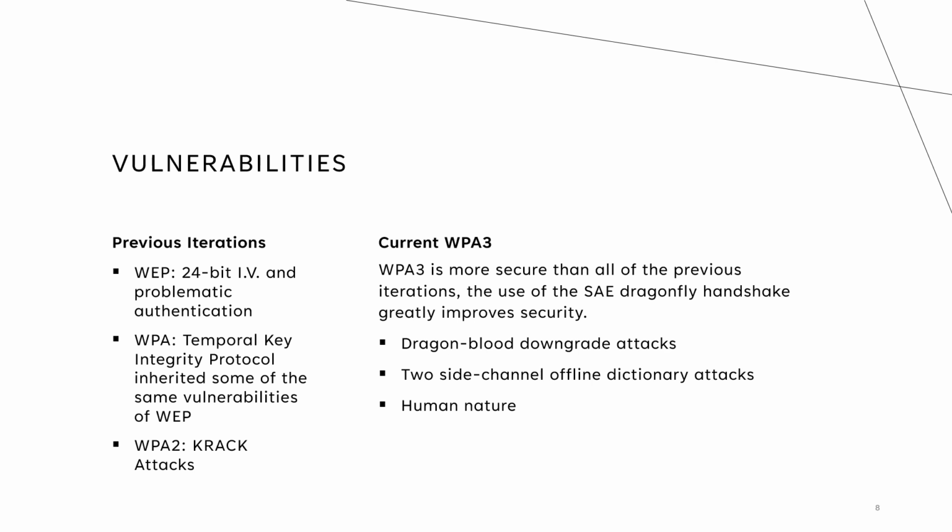Crack relied on tricking clients to install known keys, something like all zeros, and then the key would be used to bypass security entirely and decrypt any of the data. There were attempts to revive WPA2 by patching the vulnerabilities, but those patches were also found to be faulty.